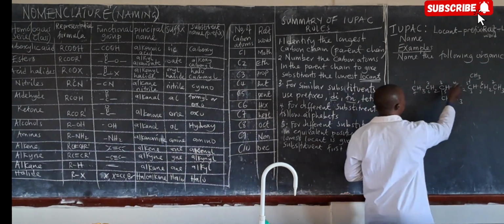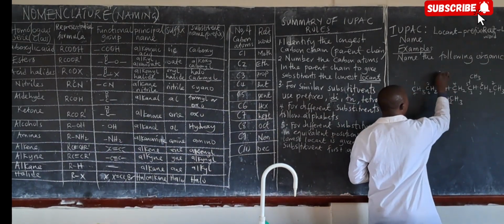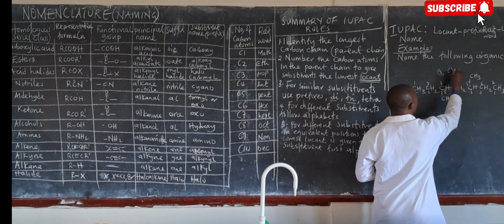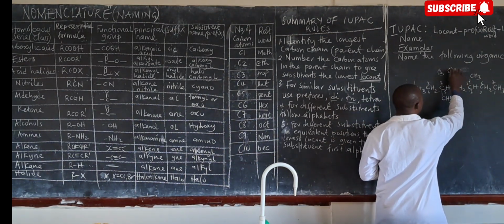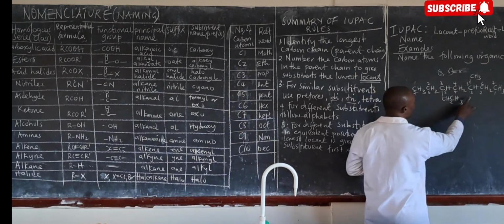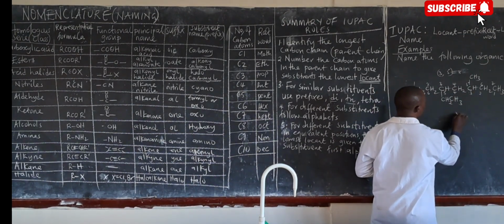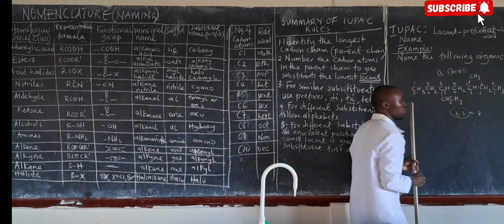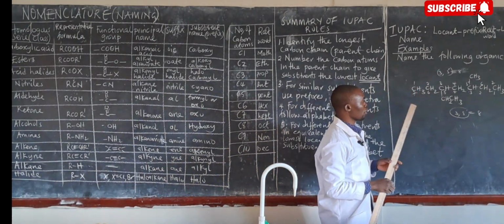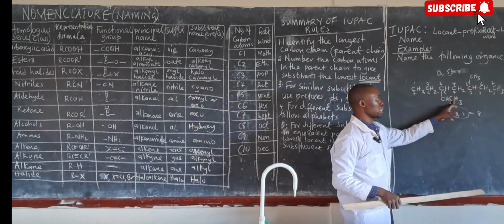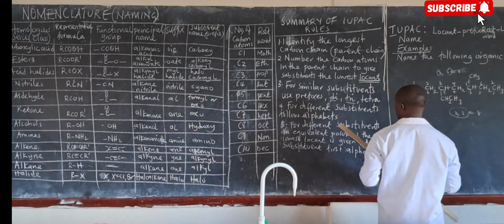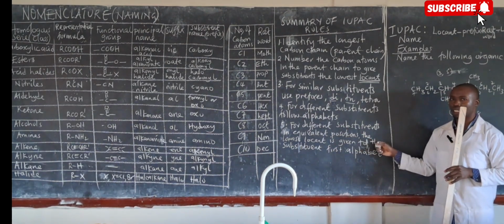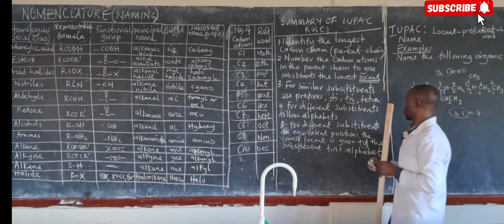So we see that upper numbering will give this position 3. Then this one takes position 5. On summing this, you get 8. So look at down here, it gives position 3 and position 5 still. So the total is 8. So all the numberings are correct, but priority, since this is an ethyl group, we said in rule number 5 that for different substituents in equivalent positions, we give priority to the one that is named first.